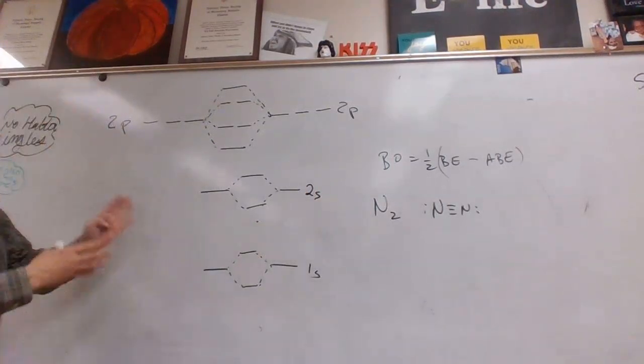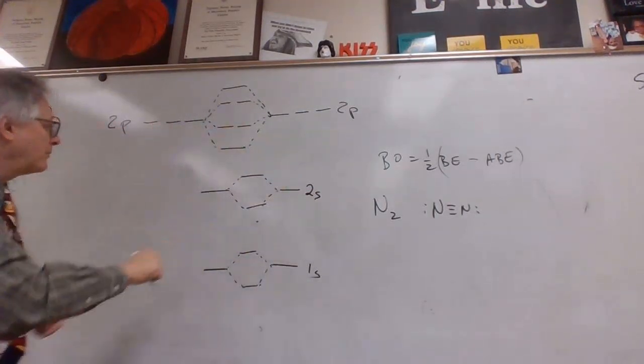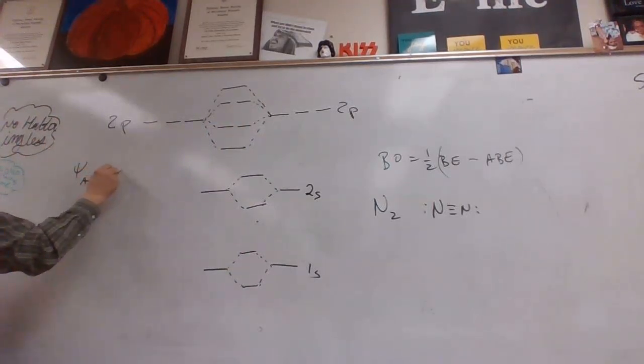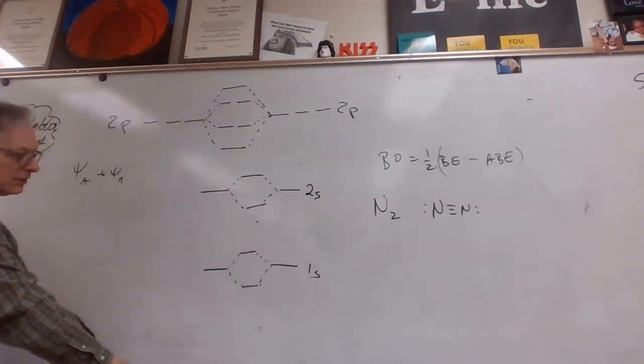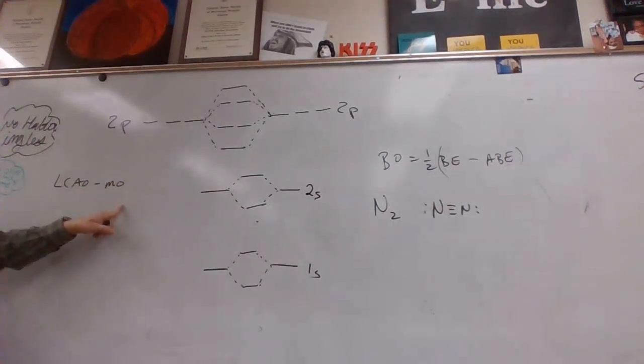And we have to take the atomic orbitals and mix them up. Remember I said, we have these atomic orbitals and wave functions, and we can make combinations and come up with molecular orbitals. I call them LCAO-MO, linear combinations of atomic orbitals give molecular orbitals. And that's all that means.